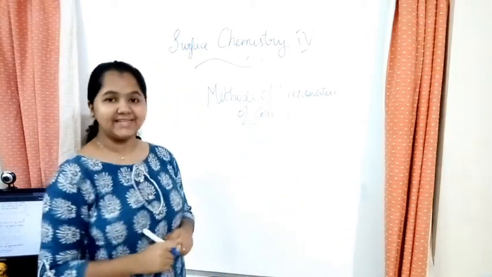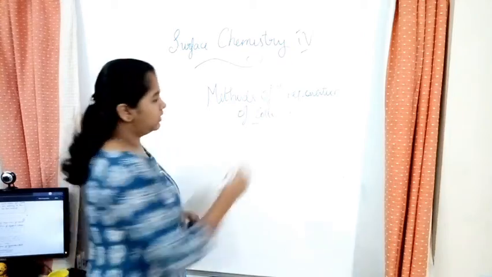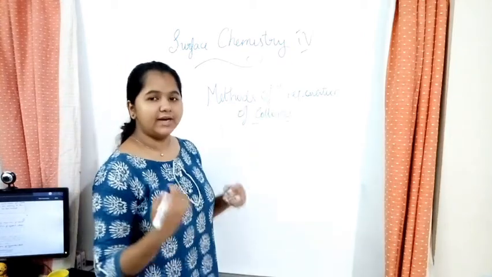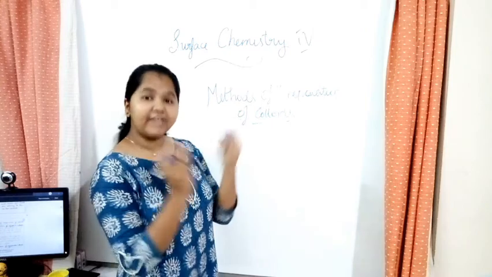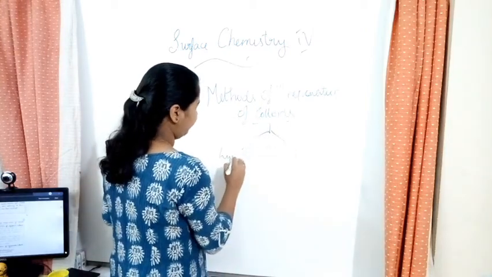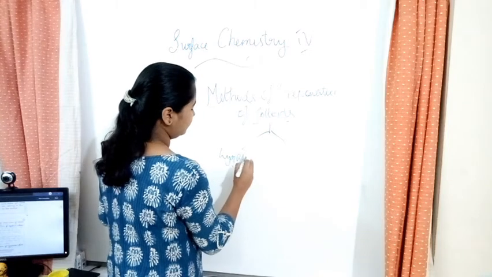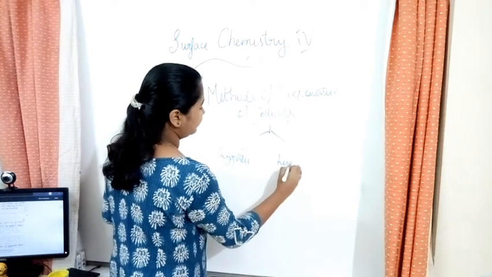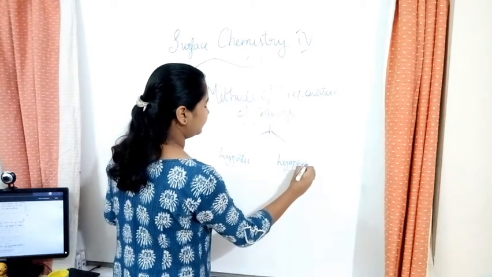So, we learned there are two types of colloids, no? We learned many classifications. The classification based on the interaction between the particles was of two types: lyophilic and lyophobic.